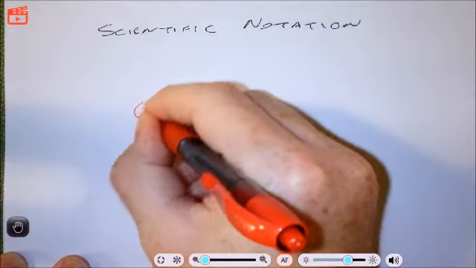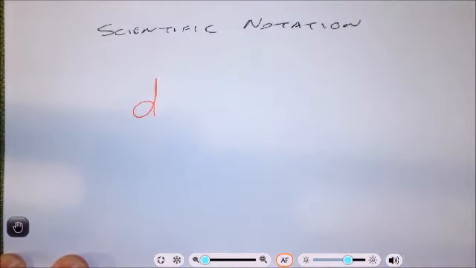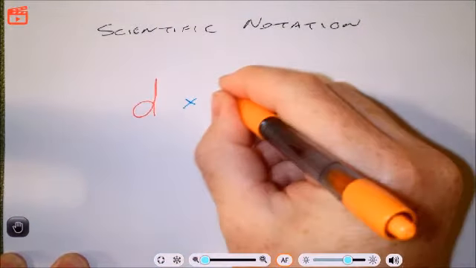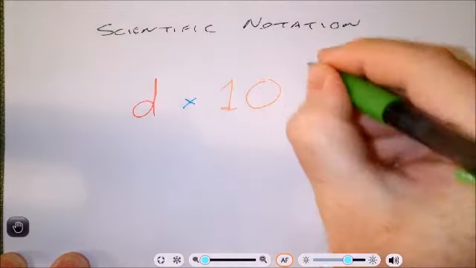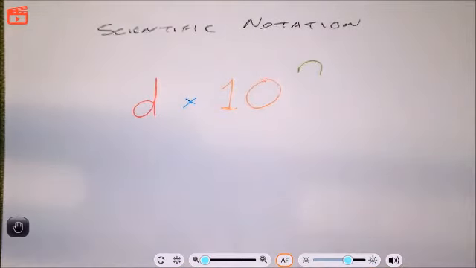So the format of scientific notation is D, which is a number, times 10 to the n power. Now let's talk about what each of these pieces mean.